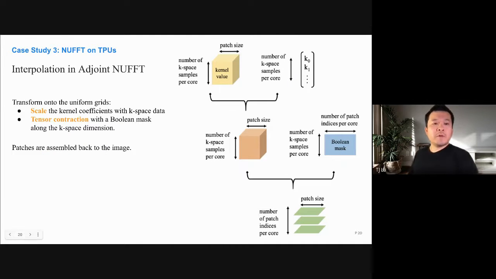Similarly, the interpolation in the adjoint NUFT, or the inverse NUFT, is also formulated as tensor operations. The figure on the right is a flow graph of the operations in adjoint NUFT. We first scale the coefficients with k-space data, and then perform a tensor contraction with a Boolean mask.